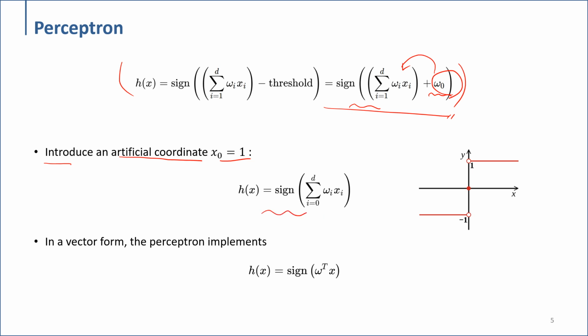And this, as we can see here, can be understood as a vector summation, or inner product. So in a vector form, the perceptron problem can be rewritten like this.